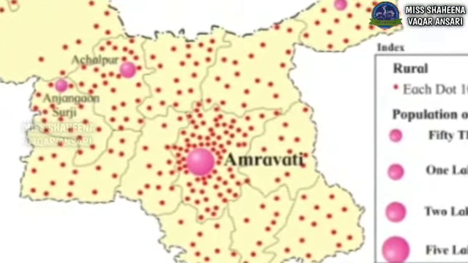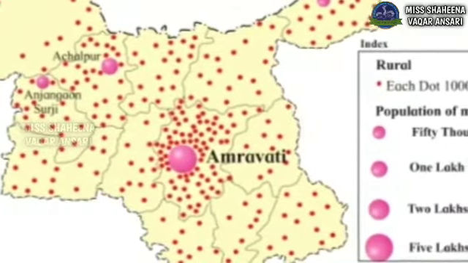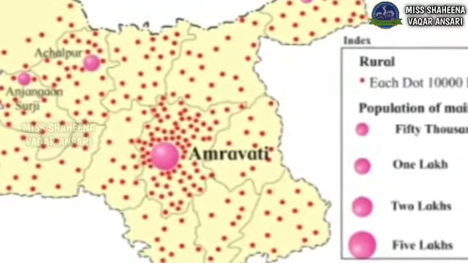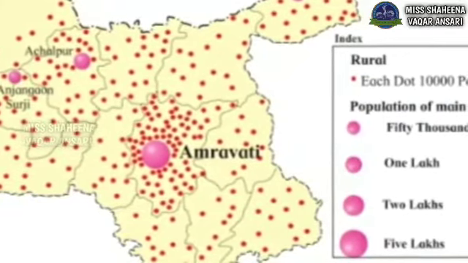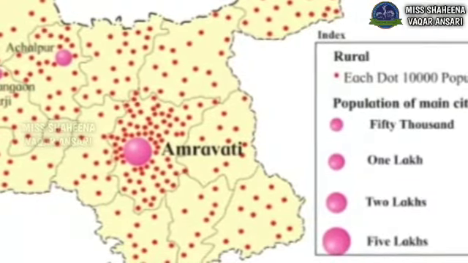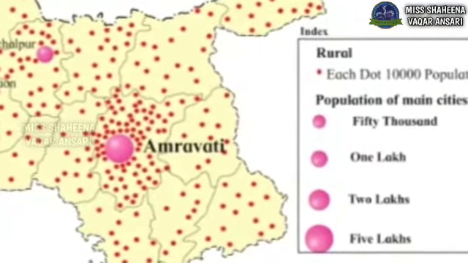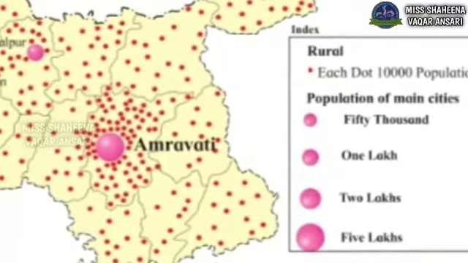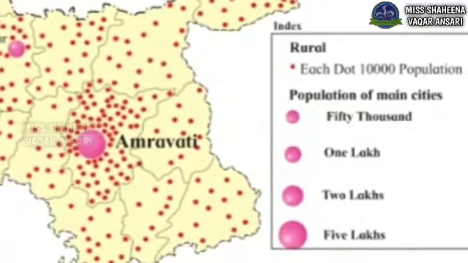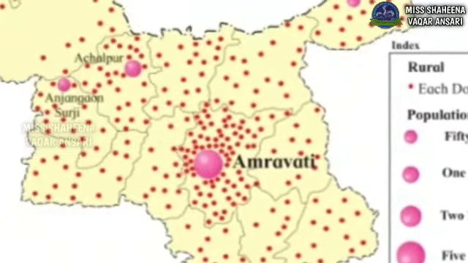If you look at the index, you could see that the dots are of various sizes, each dot representing a variable. The smallest dot on the top is 10,000. The next is 50,000. The next is 1 lakh, and so on. The biggest dot you see represents 5 lakh people in Amravati.